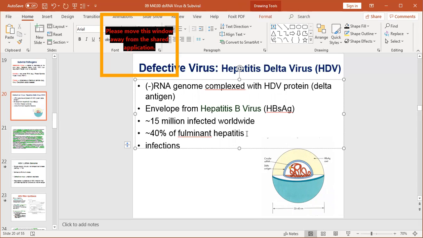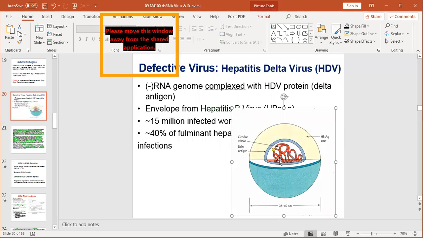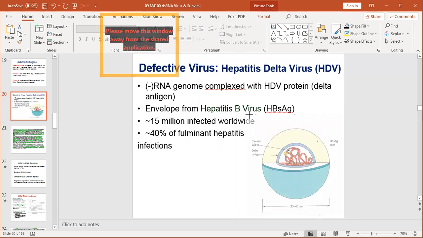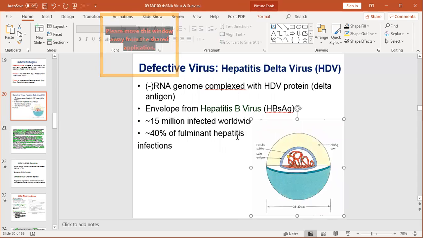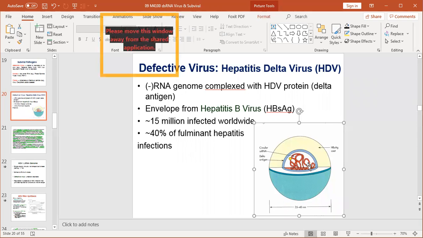immune system. So let me enlarge this picture a little bit so you can see it better. So yes, this is the hepatitis B surface antigen, the hepatitis delta antigen, and it has a circular single-stranded negative RNA genome.